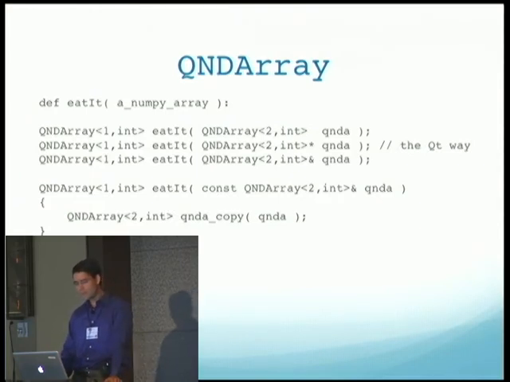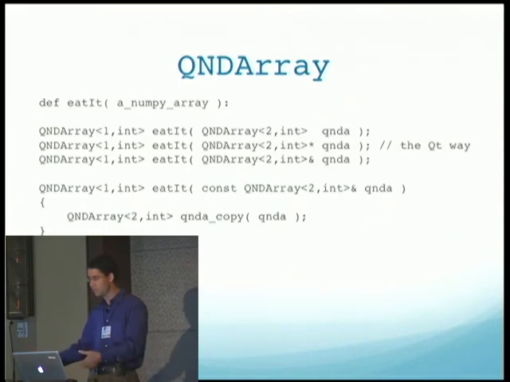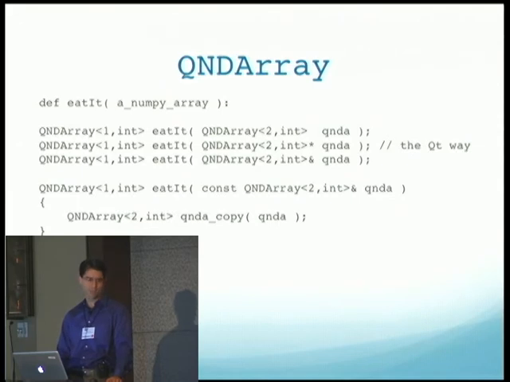So when you do this kind of a thing, you pass in a const reference, because the copy constructor also takes a const reference, you can create this QNDA copy instance, which is now mutable. I mean, you can modify the data that you passed in you thought was const. So we're just going to have to live with that, actually, because of Visual Studio.